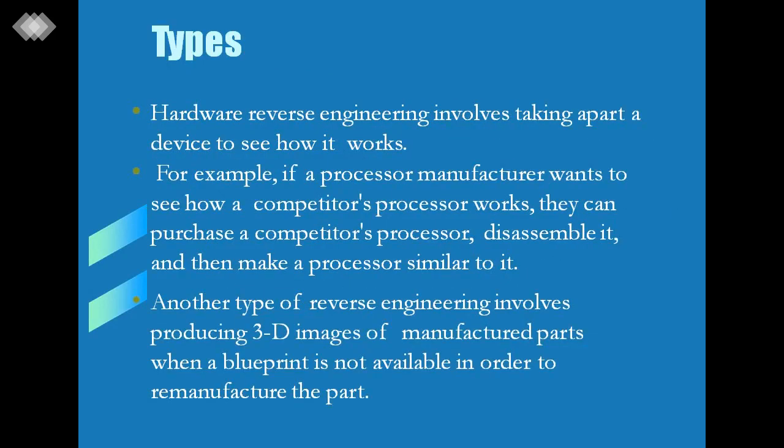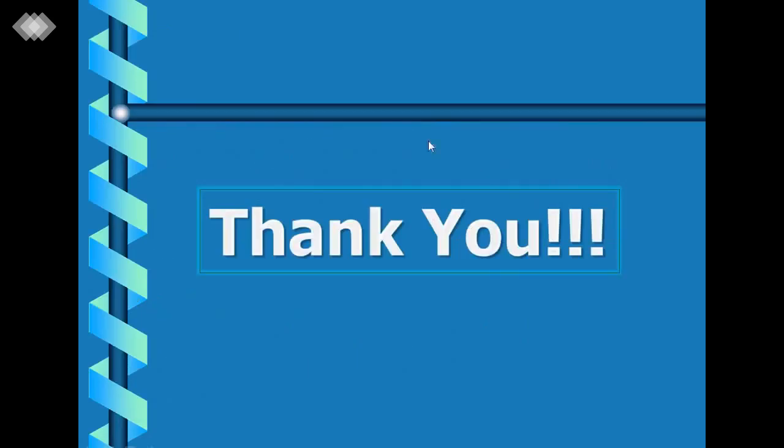We also covered the types where we need reverse engineering: hardware reverse engineering, which is related to a device to see how it works, and 3D images, which is very helpful for manufacturing parts. Then that is all about reverse engineering.